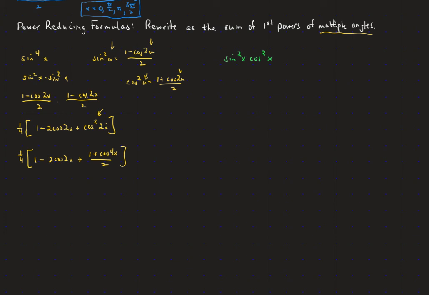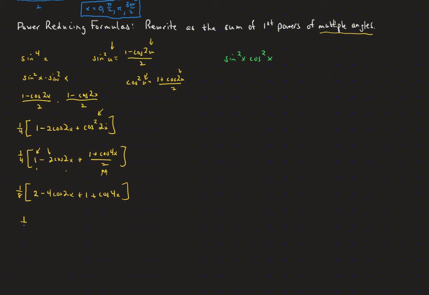Now I'm going to factor out this 1/2, but I'm going to have to factor it out of everything. So we factor out that 1/2, that's now a 1/8. When you factor out a 1/2, you're dividing by a half, and when you divide by a half, you multiply by 2. So that's going to become 2, that's going to become 4 cosine of 2x, and now that we've taken care of that denominator, we have a plus 1 plus cosine 4x.